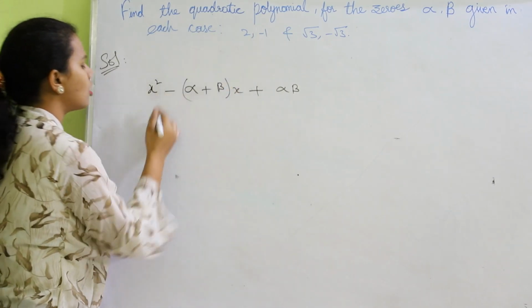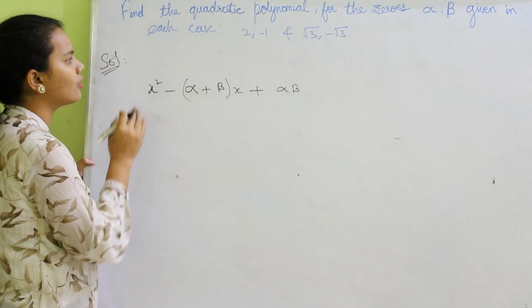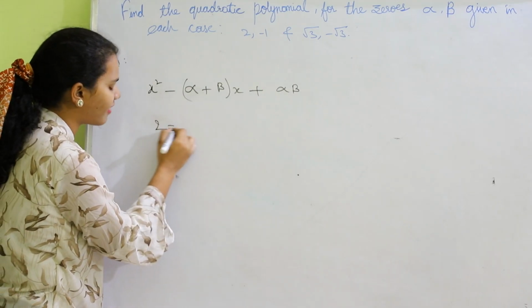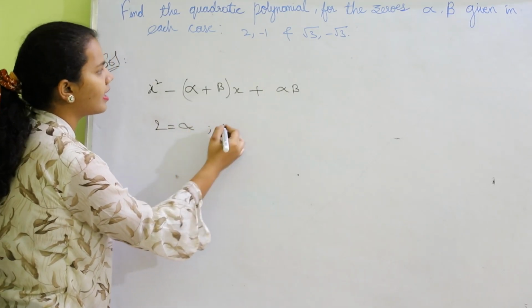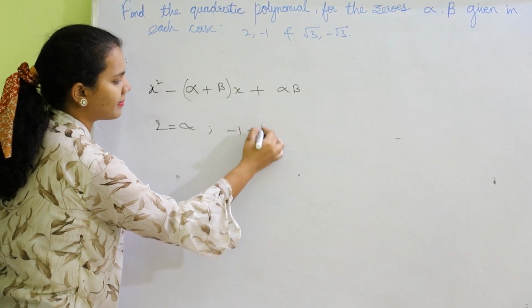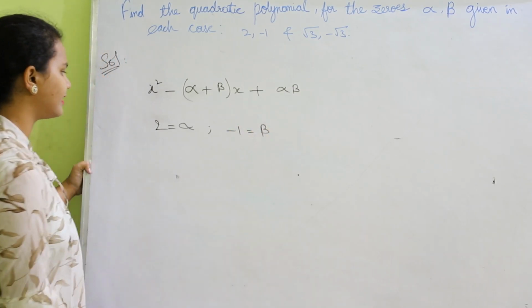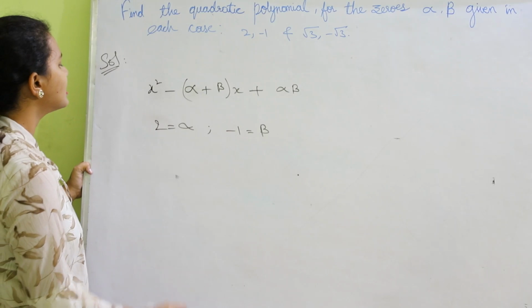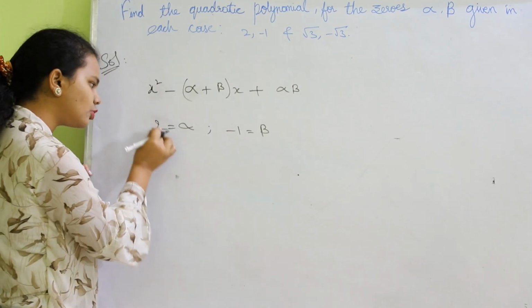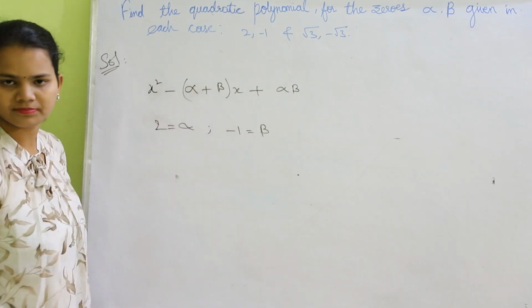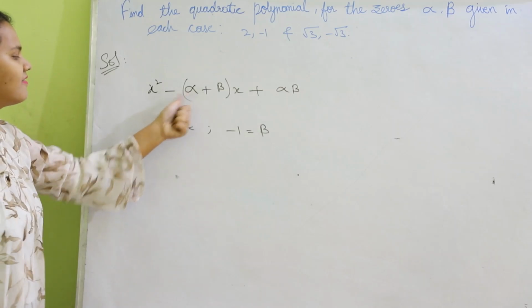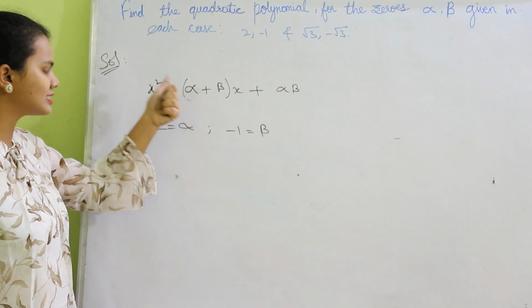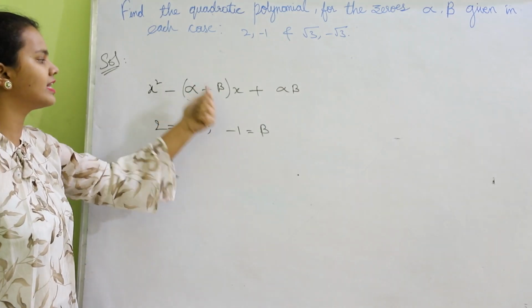First let's take 2, minus 1. Consider 2 as alpha and minus 1 as beta. Now just substitute these values in the formula. The alpha value is 2 and the beta value is minus 1.